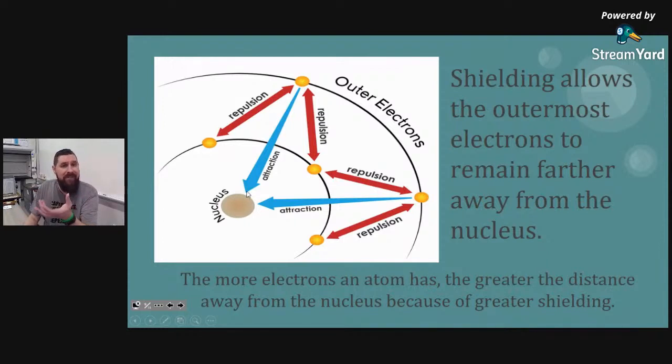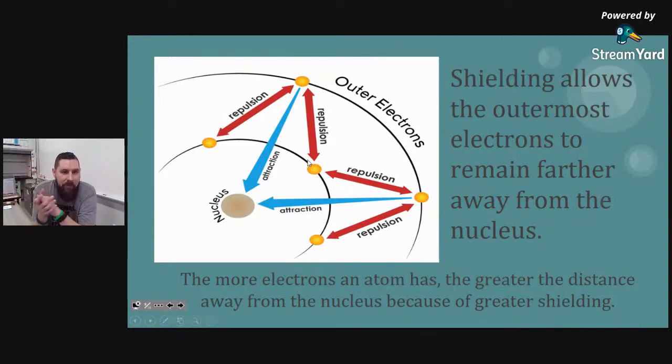They have a certain ZEF, and again, the numerical value of that ZEF we could calculate using Coulomb's law. But as these outermost electrons are pulled inwards, they have to deal with these inner electrons. And because these electrons are all negatively charged and like charges repel, as those outer electrons are trying to be pulled inwards by that nucleus, those inner electrons push it right back out.